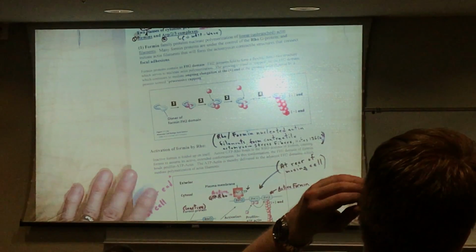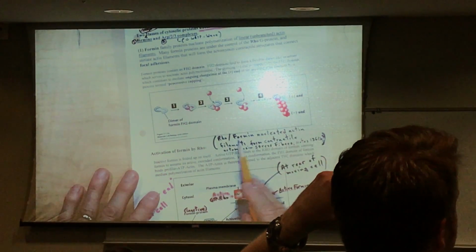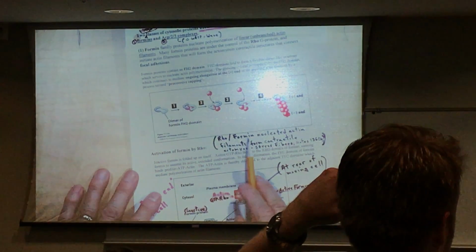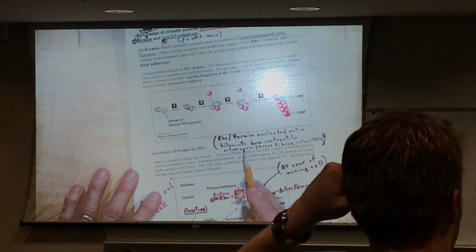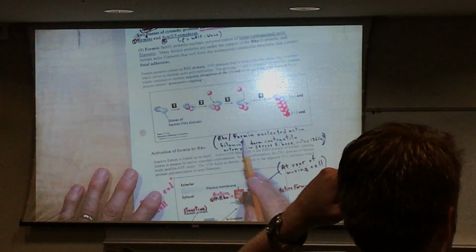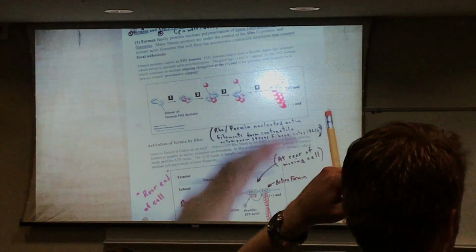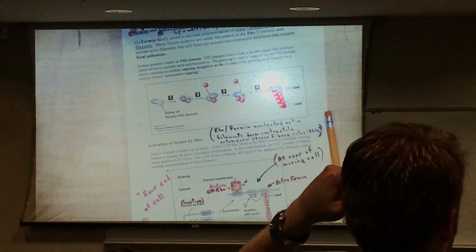Now we find formin activation of actin filaments in a number of locations. Very importantly, I pointed out to you, remember these focal adhesion structures, which are centers for growth factor signal production and so forth?